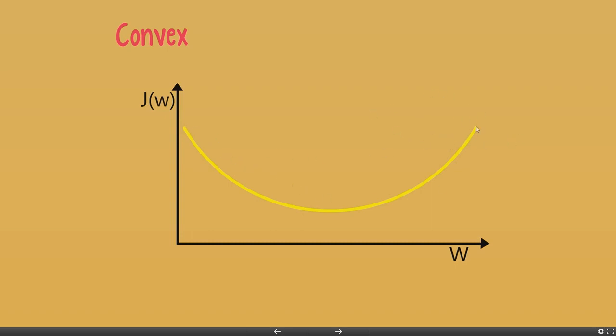This is just a 2D graph, but in previous videos I showed you the 3D implementation of the graph. If you remember, it's totally convex, and that's linear regression. So it's pretty easy to learn.